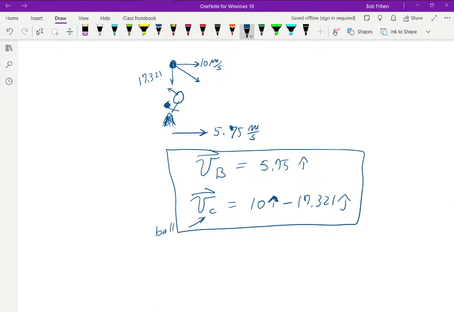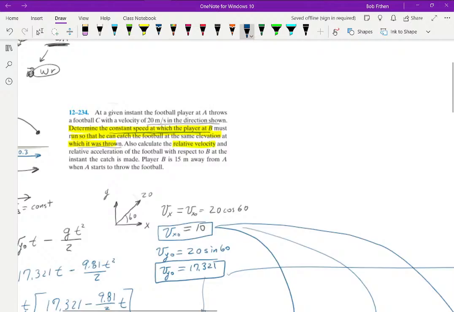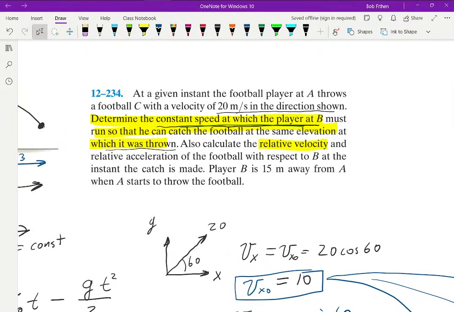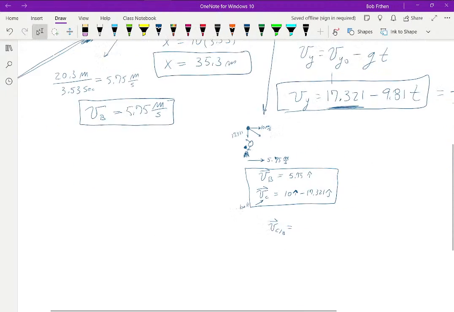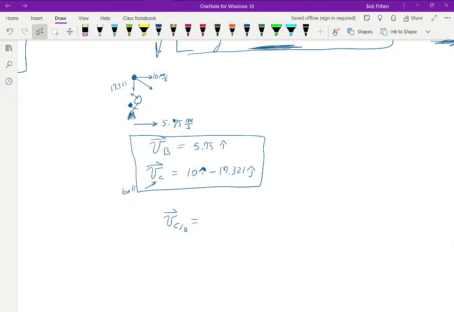Now, I think you would want to find the velocity of the ball relative to the guy catching it. Let's look at it from building the equation in reverse order. Velocity of B is equal to velocity of C plus velocity of C relative to B? No, that's wrong. But it is right if you have B and then C here. So this has to be in the denominator of the subscript.